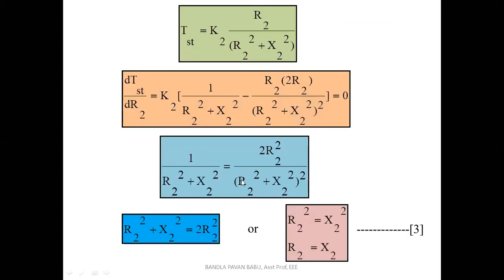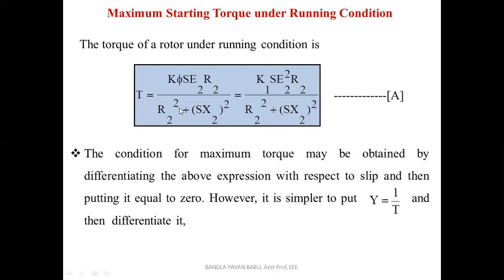Earlier we differentiated with respect to resistance; here we need to differentiate with respect to slip and make it equal to 0. However, it is simpler to put y equal to 1 by T, so for our convenience let us do the differentiation with y equal to 1 by T.